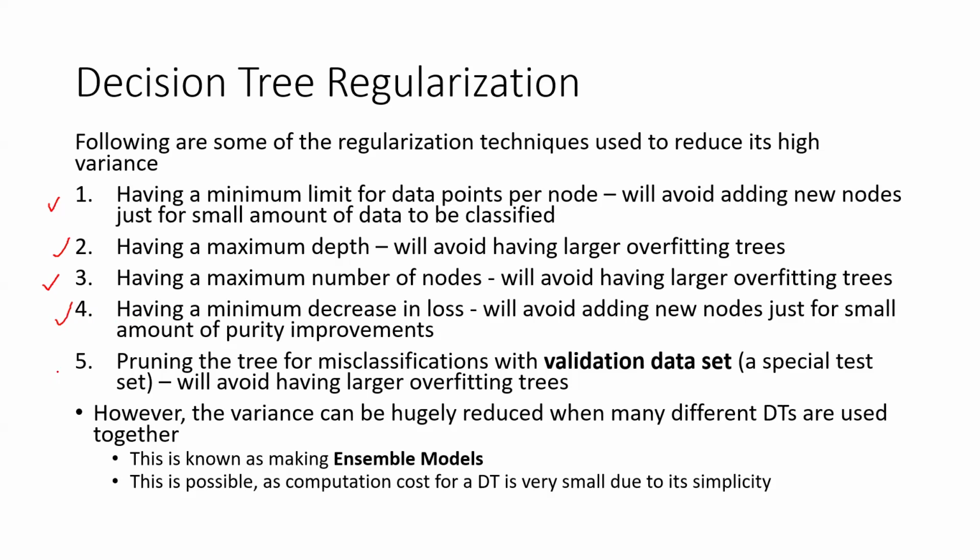And there's another technique known as tree pruning. We will not explain it in detail. That is about, once you have created the decision tree, you can remove some of the nodes that are not that significant, which should reduce the tree size significantly.